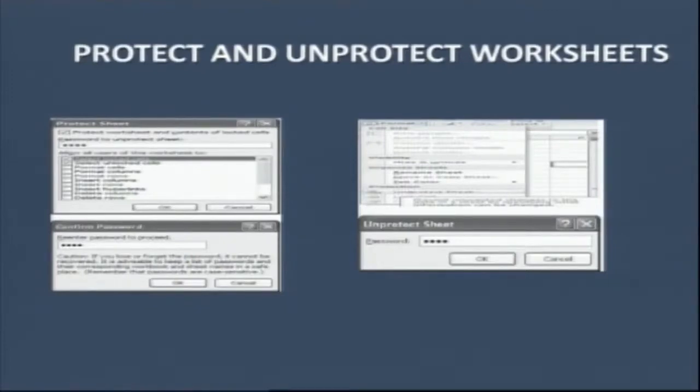Once we choose it, it will ask for the options for locking it. We have to give a password for protecting it, and confirm the same password. Once we have confirmed the password, only a person who knows the password will be able to see or modify the worksheet which we have protected.